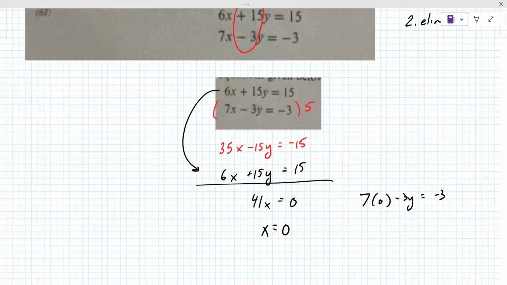Let's see if you can solve that for y, please. So y is just 1. Yes. And if you really wanted to, you could check it in the other equation to see if it worked. No worries. It does work.